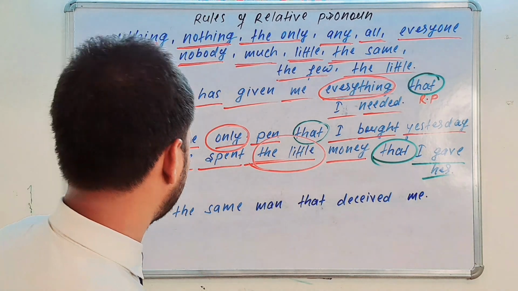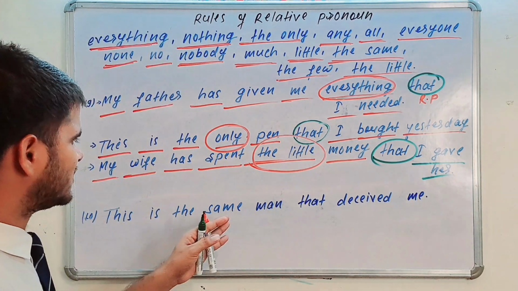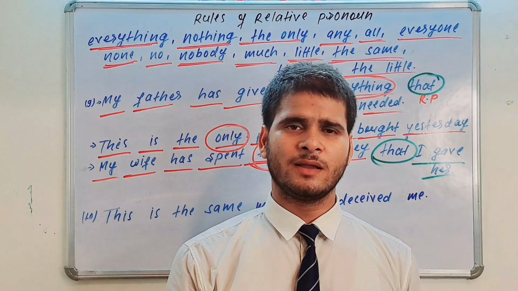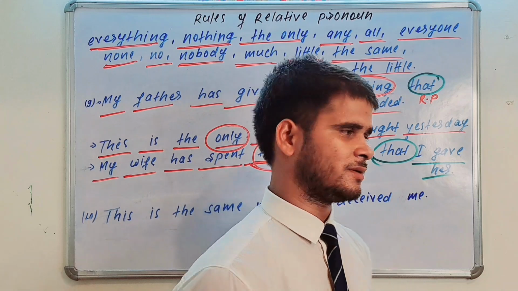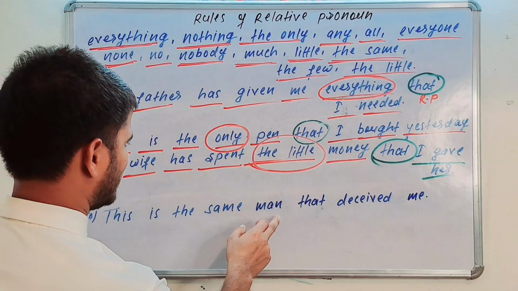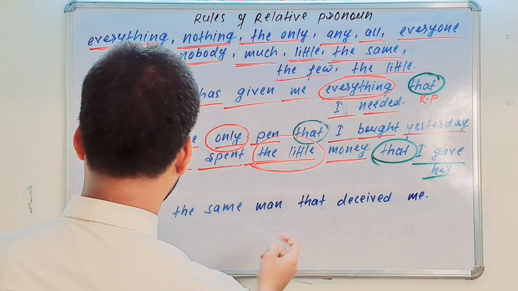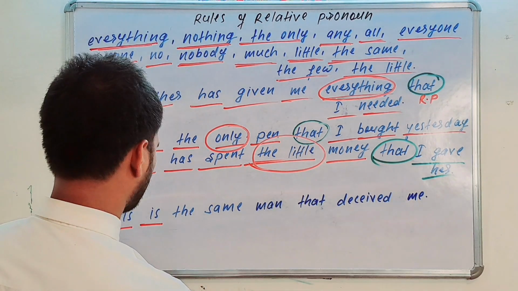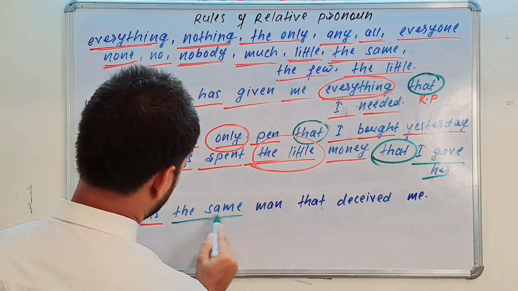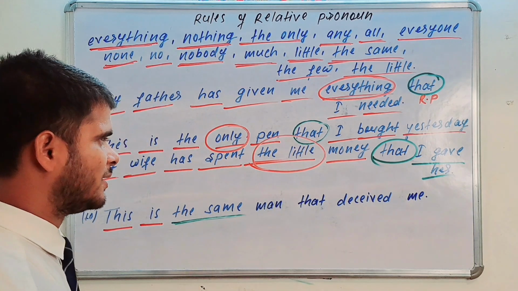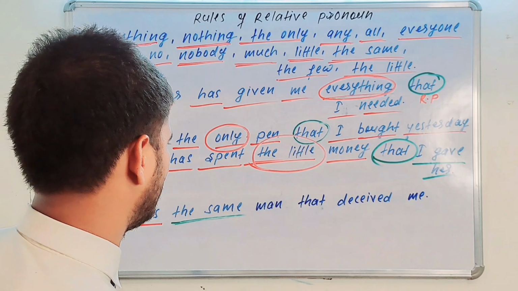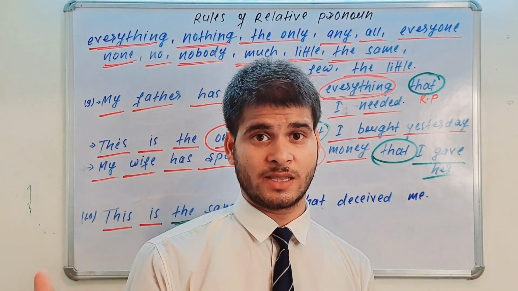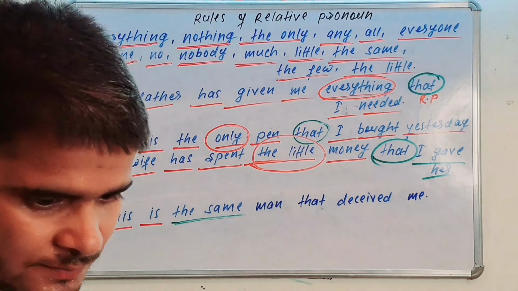And here the last rule is, like, this is the same man that deceived me. If the verb is clear in a sentence, after the same plus noun, only the relative pronoun that is used. This is also most important. Like, this is the same man. Only that is used when the verb is clear.